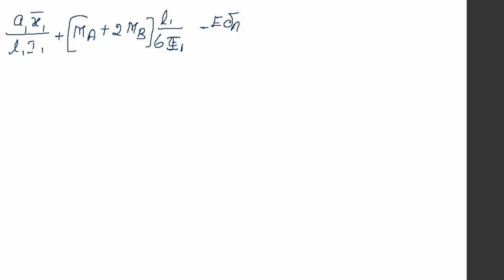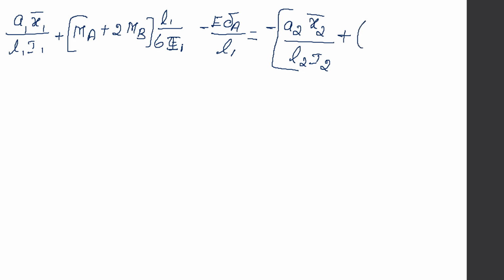A1 x1 bar by L1 I1 plus MA plus 2 MB into L1 by 6I1 minus E into delta A by L1 is equal to minus A2 x2 bar by L2 I2, it's minus, plus MC plus 2 MB into L2 by 6 I2 minus E into delta C by L2.